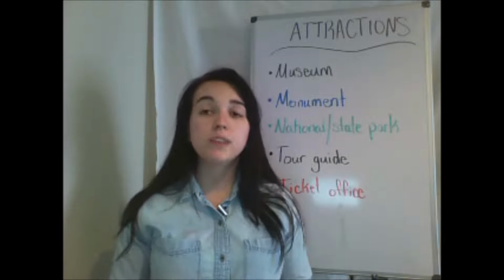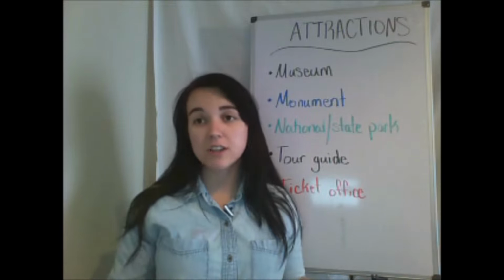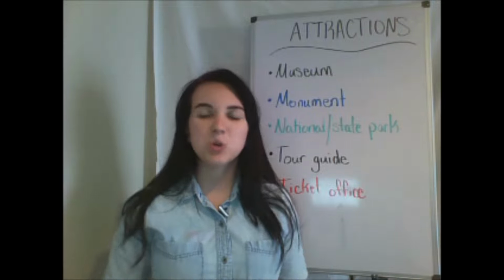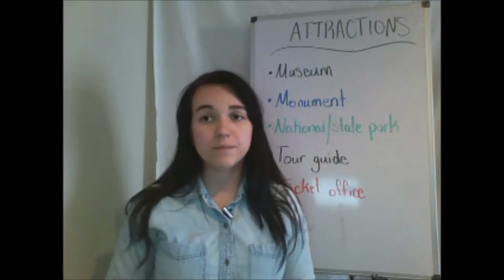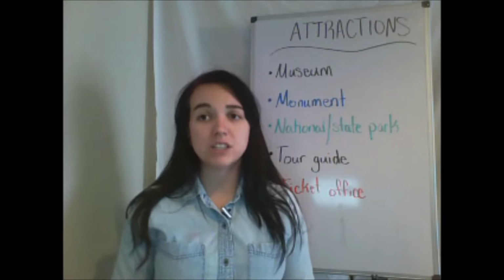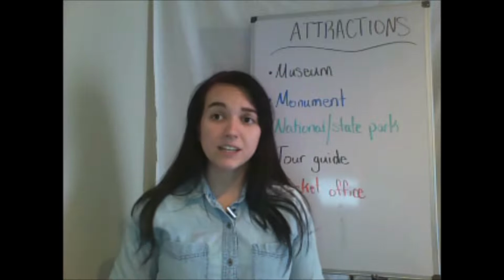So if you're in a museum, they may tell you some details that aren't already listed in the museum. They're going to tell you stories about how things happened and why it's important. So your tour guide knows a lot of information about the things that you're seeing when you're traveling.